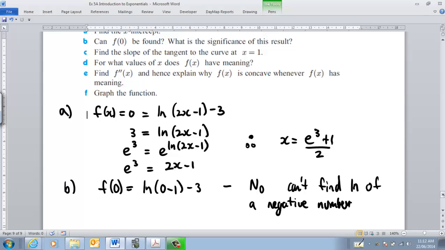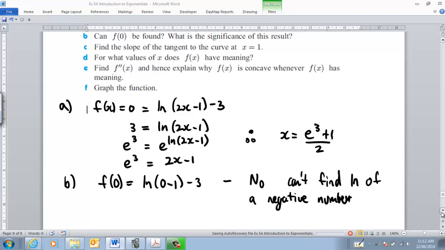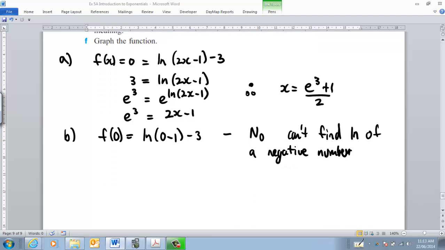So you might say ln of x doesn't exist for x less than or equal to 0.